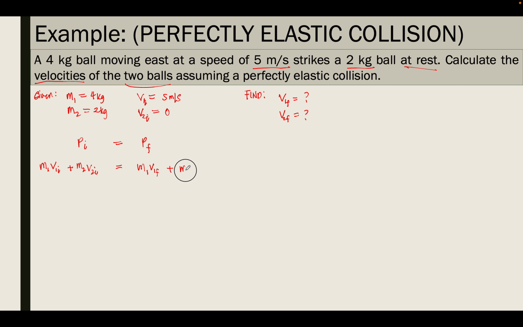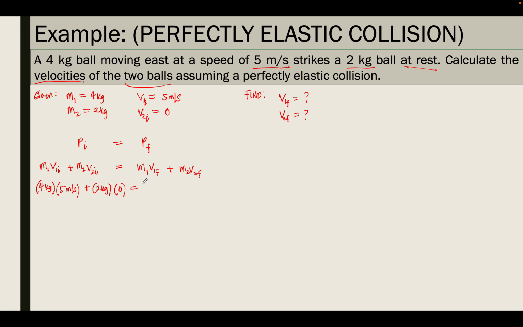Okay, so substituting their values, m1 is 4 kilograms, our v1 initial is 5 meters per second, plus we have our m2, which is 2 kilograms, and our v2i is 0.